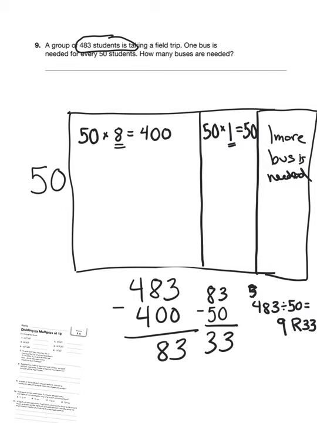But our real world answer is we need 10 buses. And then you need to explain why you need 10 buses. You need 9 buses, each completely full with 50 kids each, and then one more bus that will only be partially full with 33 kids in that one.